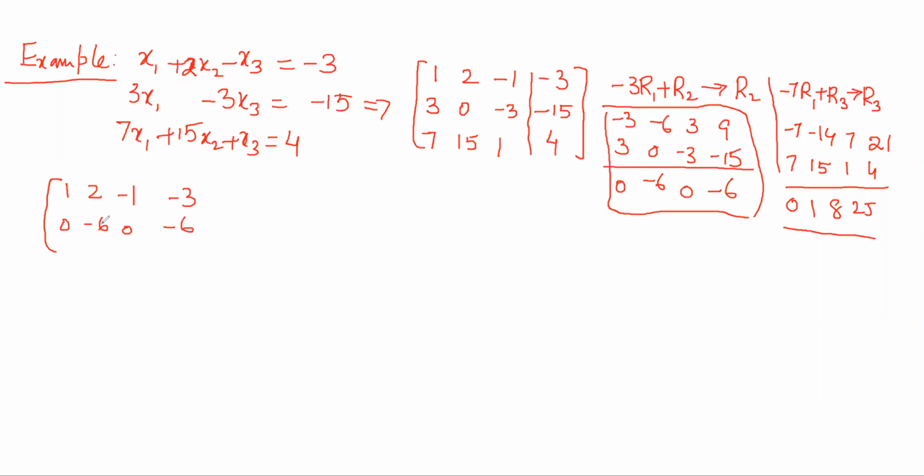And the third row will change into 0, 1, 8, 25. So it is 25 or 24? Yeah, it is 25. Right? So it is this one.